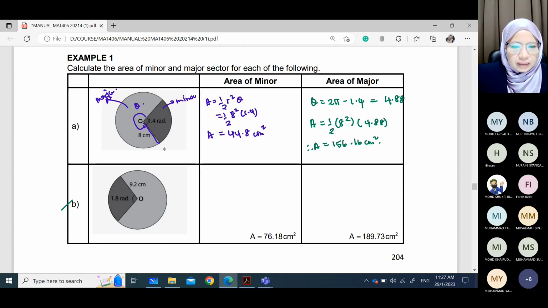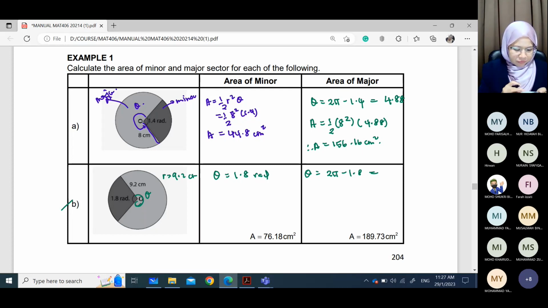Alright, so untuk B ni, area of minor. So mesti kena ada angle dan juga radius. So radius dah ada. So radius is 9.2 cm. And angle for minor sector is 1.8 radian. And the angle for major sector, this one, sama juga dengan 2 pi minus 1.8 radian.